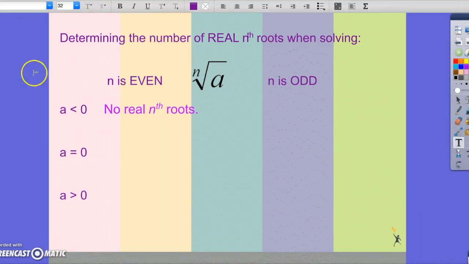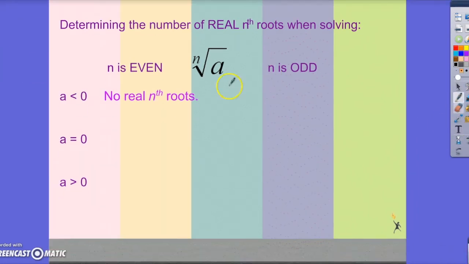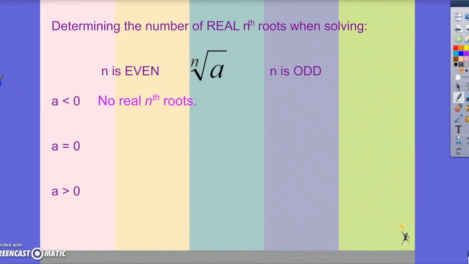Do you remember a problem like, for instance, let me write it out. What does this mean? So what if I gave you the square root of negative 4, right? Didn't I get plus or minus 2i? So a was less than 0, right? A was negative 4. There were no real nth roots. So square root fits this. Any other even root, as in 4 or 8 or 100, will fit it too.